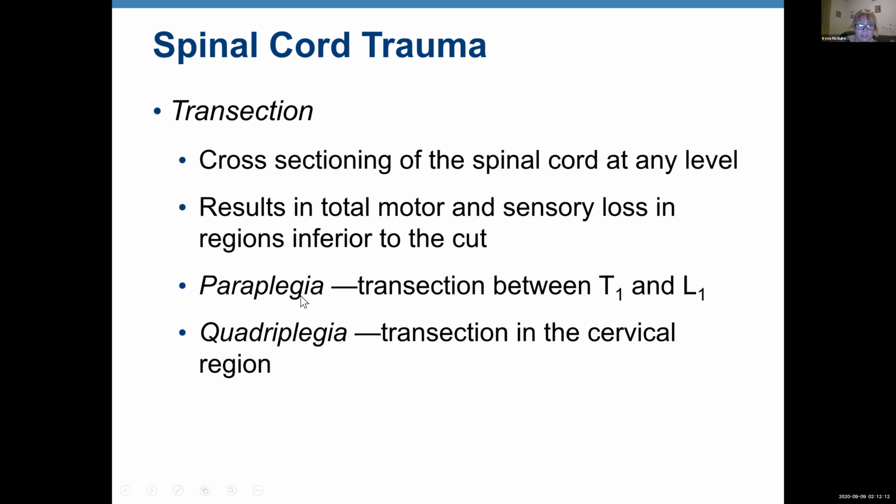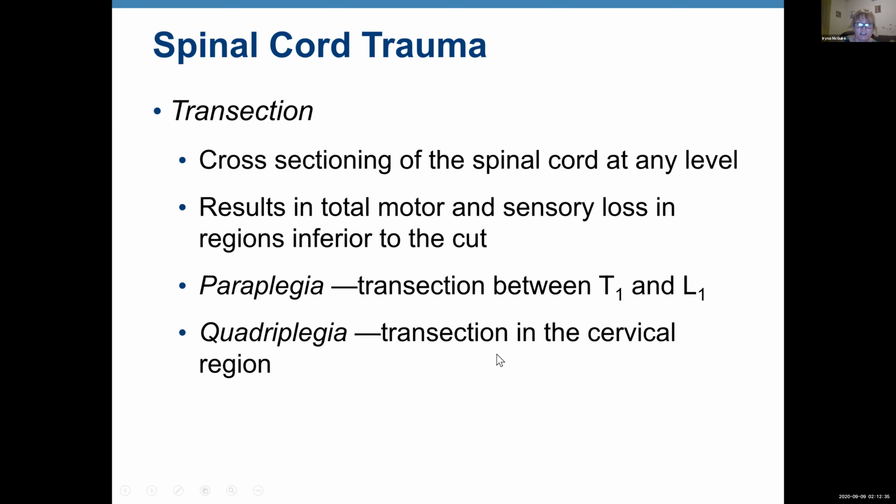It can be paraplegia or quadriplegia. Paraplegia is when only your legs are affected: you don't have sensation and movement in your lower extremities. This is when we have transection between T1 and L1.